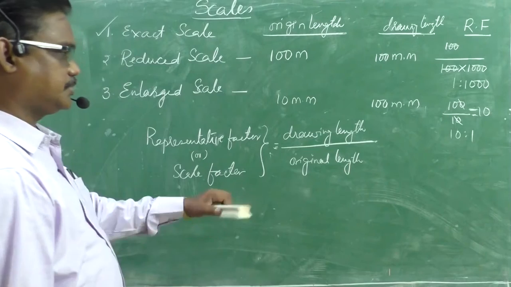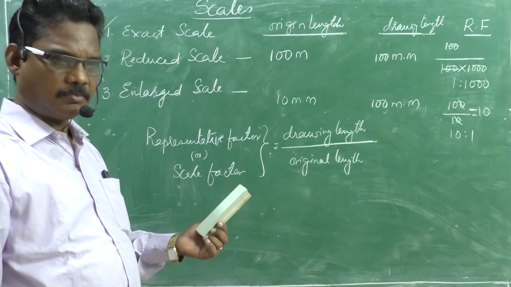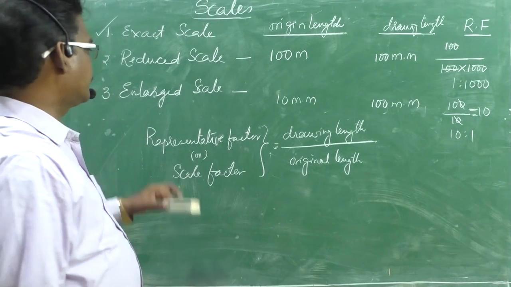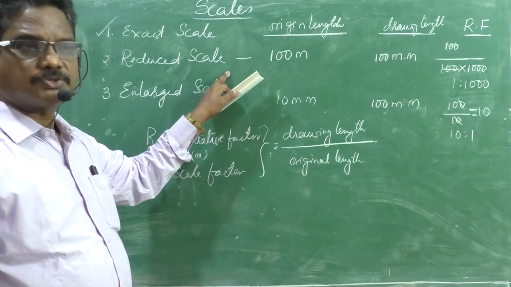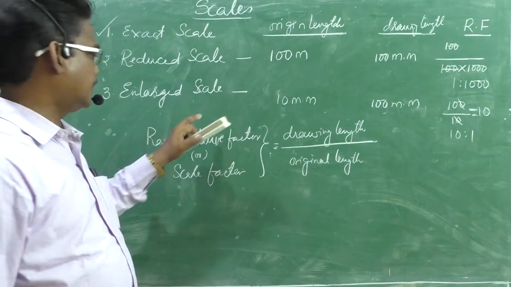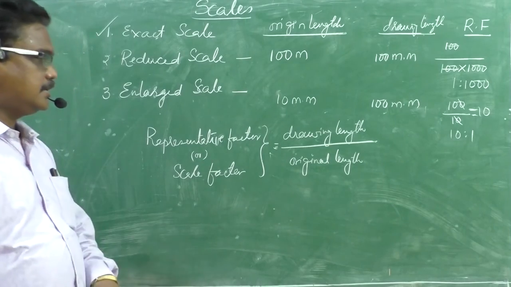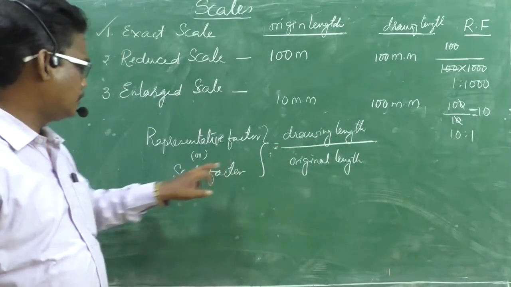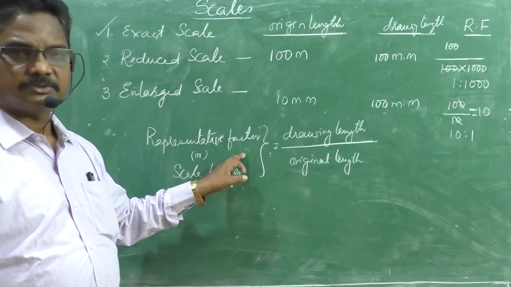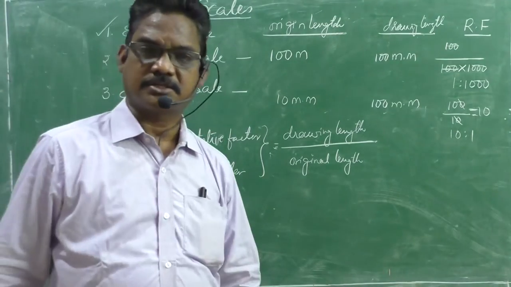If it is 1/1000, 1/100, 1/2, 1/5, then it is a reduced scale. If it is 10:1, 100:1, 5:1, then it is an enlarged scale. The drawing length is equal to the representative factor multiplied by the original length. Students should remember these scale basics.